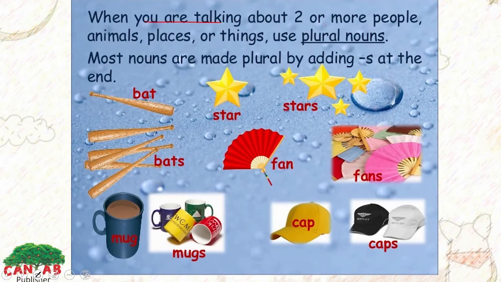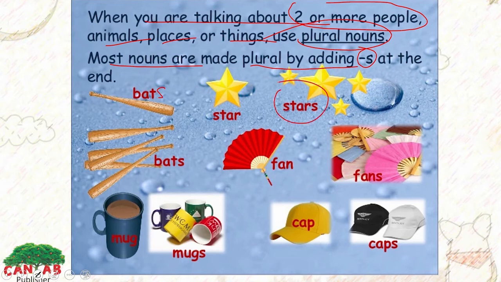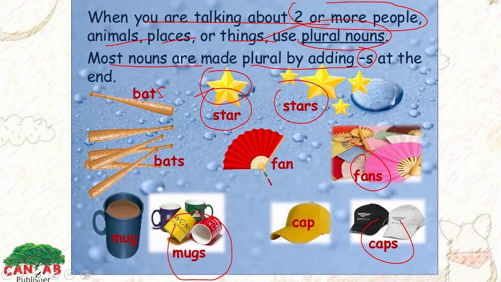When you are talking about two or more people, animals, places or things, use plural nouns. Most nouns are made plural by adding s at the end. For example, bats, stars, fans, caps, mugs here. Star is one. You can see one star here, singular.